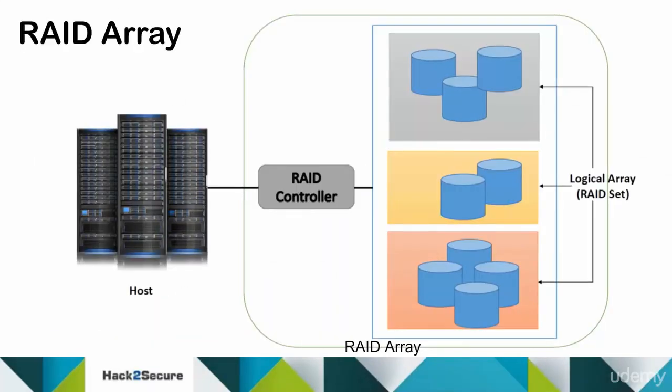A RAID array is an enclosure containing a number of disk drives and a RAID controller as supporting hardware. Here, some disks are grouped together to form logical associations called logical array, RAID sets or RAID groups. The controller in a RAID array provides three main functions.